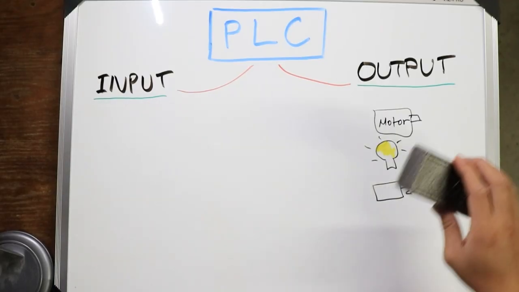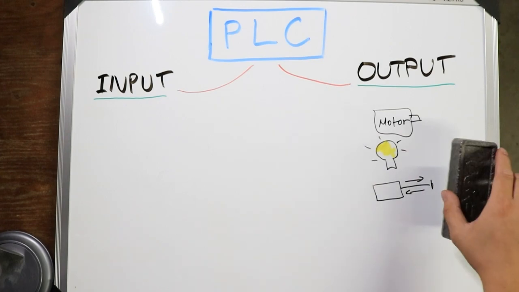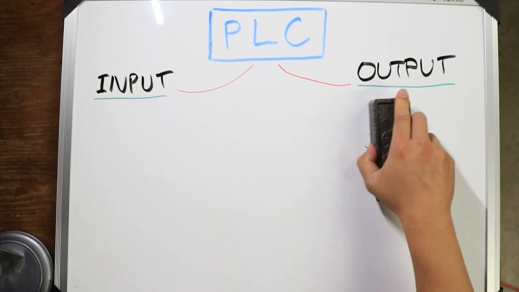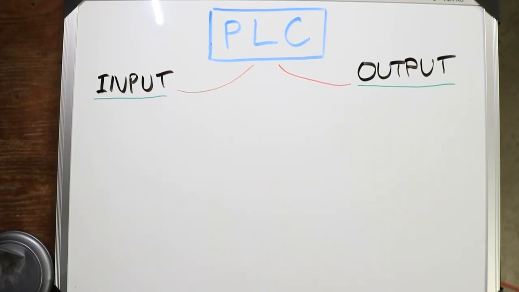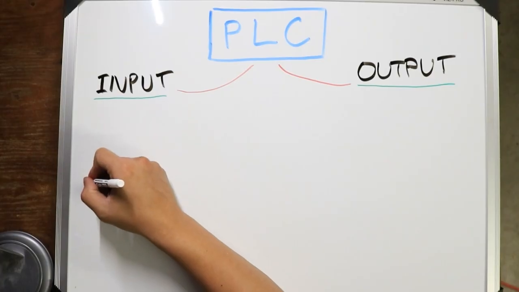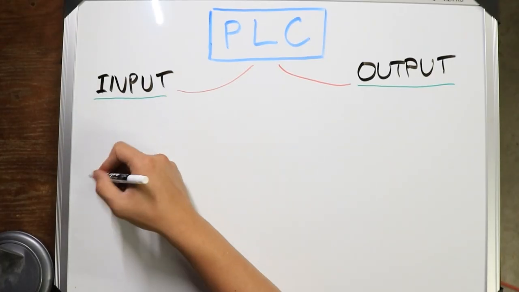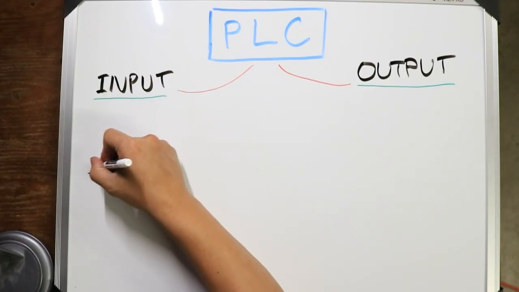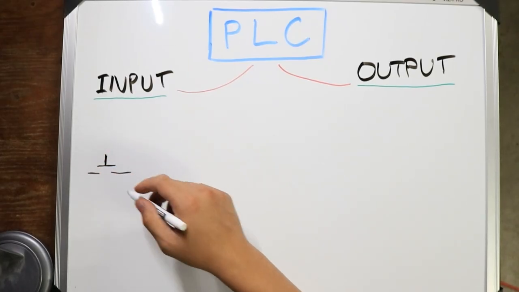So let me put a full example together so you understand. Okay, we have a push button that is an input. This one, the user actually has to push the button down, right?